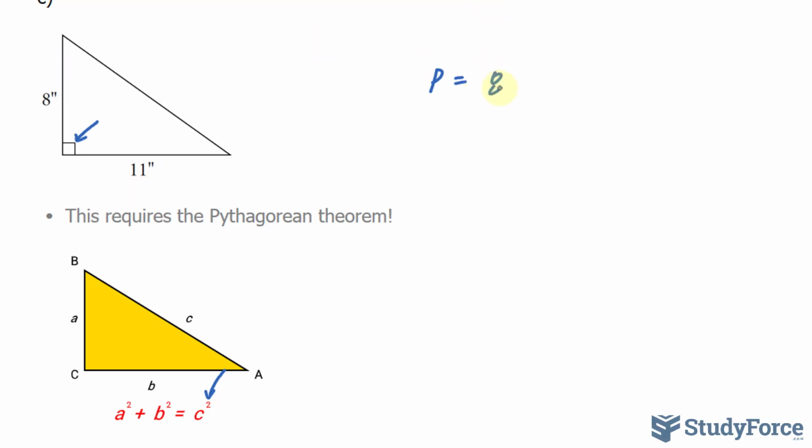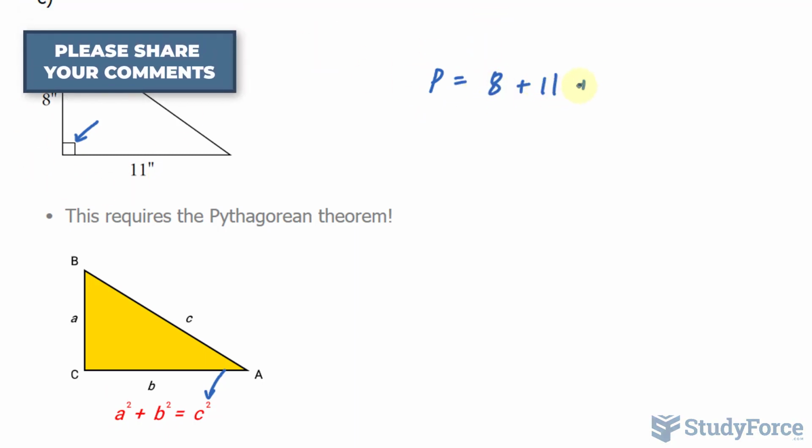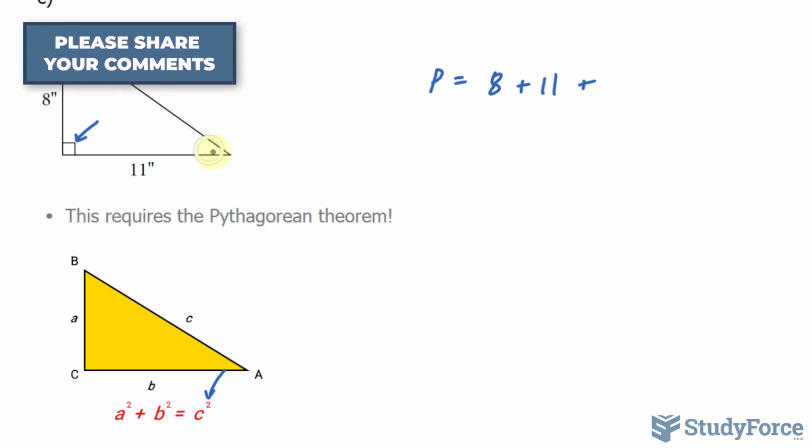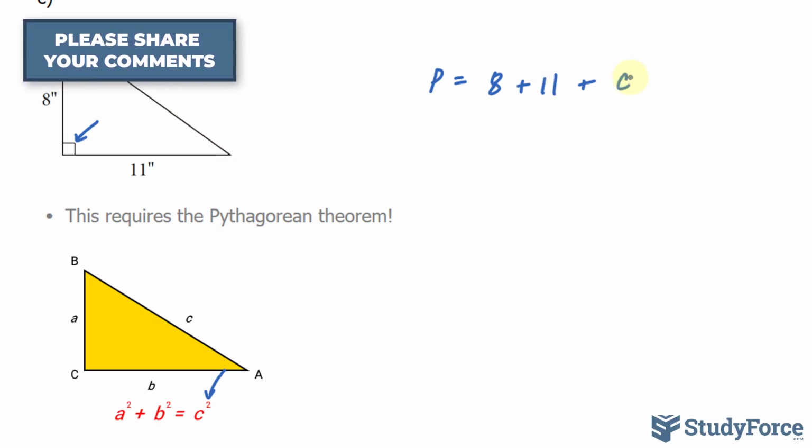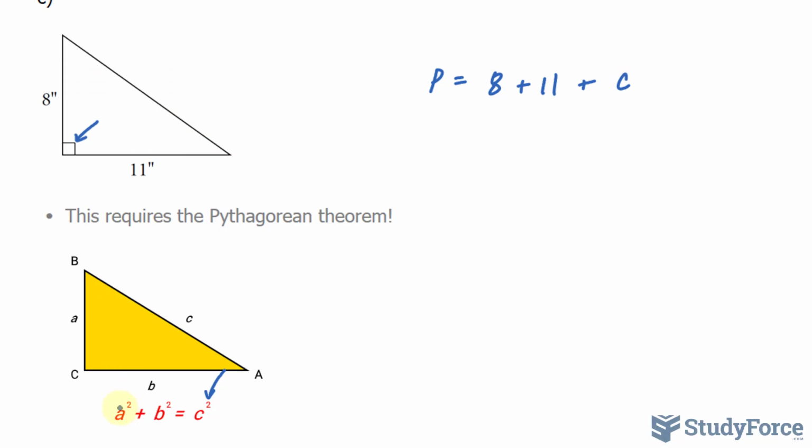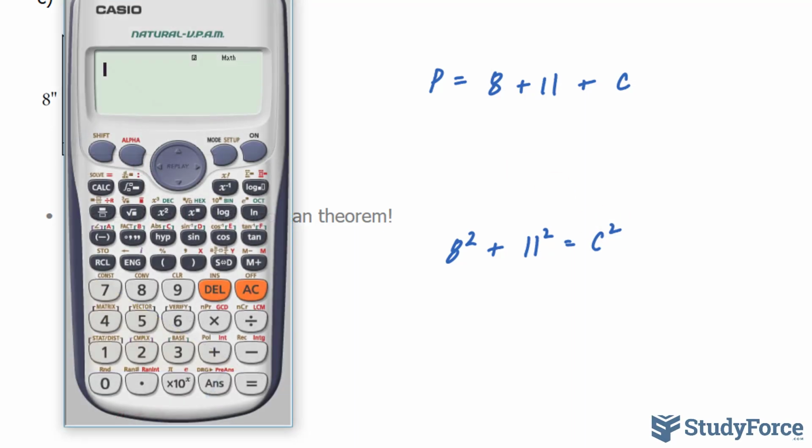So we have 8 plus 11 plus this unknown length, which I'm going to call C. So as I mentioned, I'll assign this A as 8 squared plus 11 as B, and the longest side, C, is unknown. Let's use our calculator.